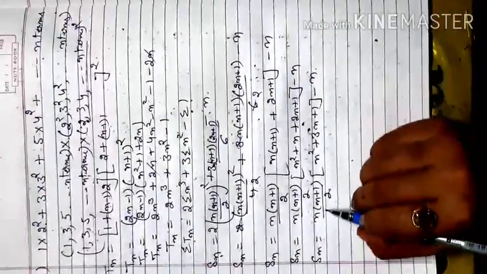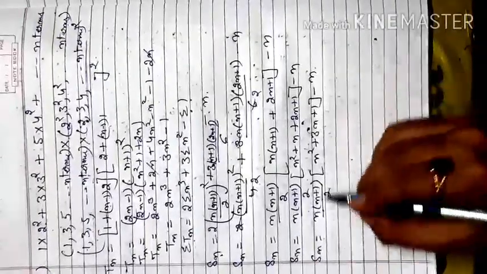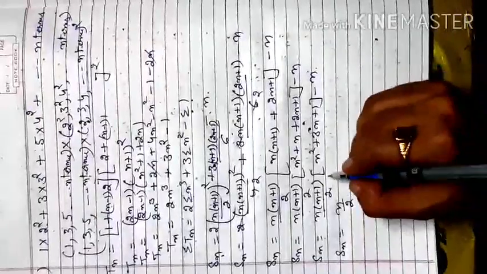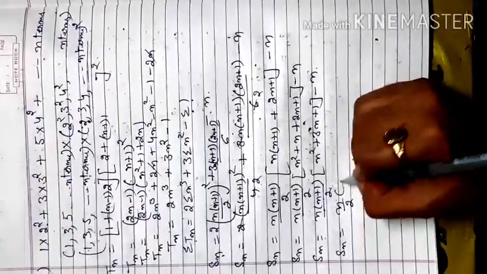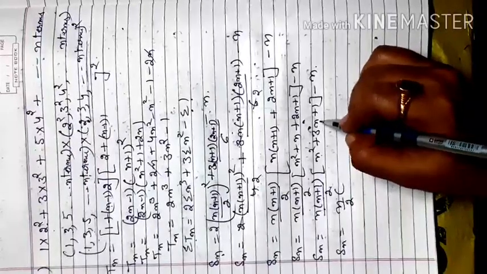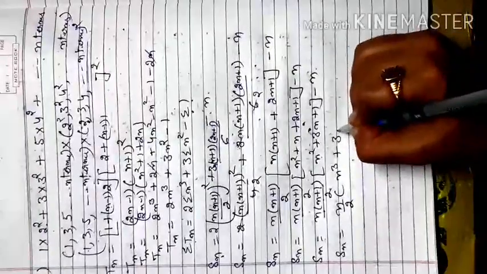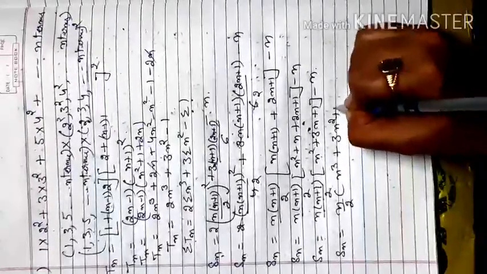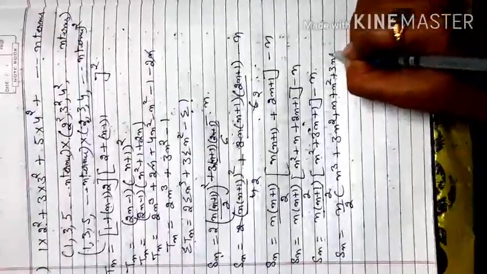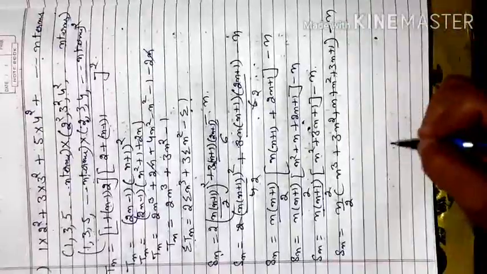So now keep n outside, multiply (n plus 1) with this whole term. You multiply one by one, so there will be no confusion in the calculation. First (n plus 1) multiplied by (n square plus 3n plus 1). When you multiply, n cube plus 3n square plus n square plus 3n plus 1, and minus n was already outside.